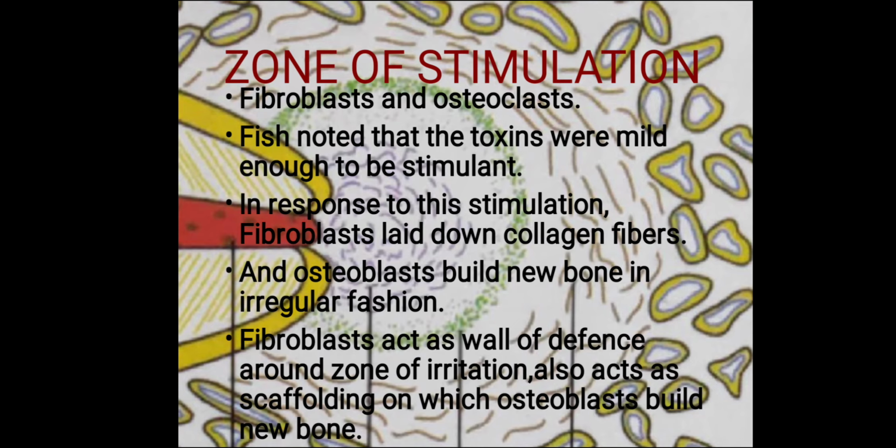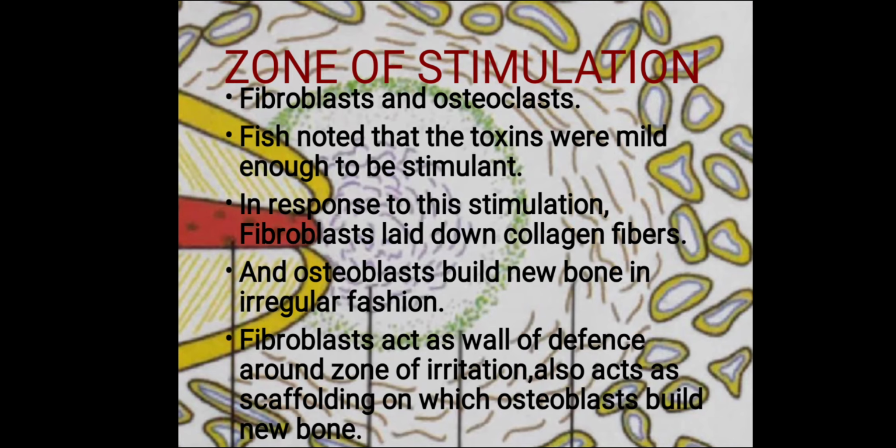Zone of stimulation. Predominant cells are fibroblasts and osteoblasts. It is this zone. Fish noted that the toxins were mild enough to act as a stimulant. So it is a proliferative change.